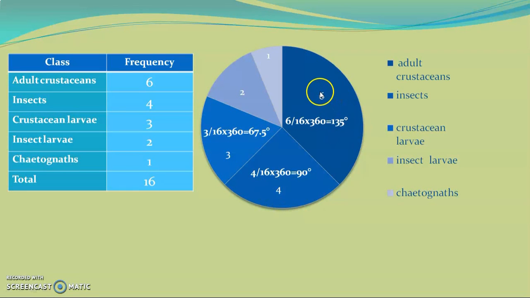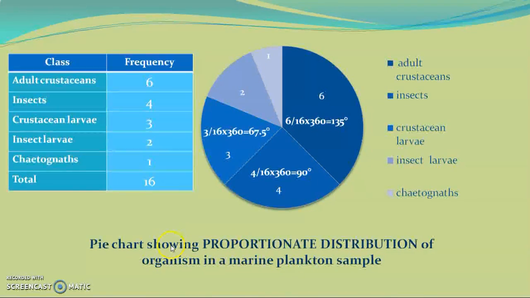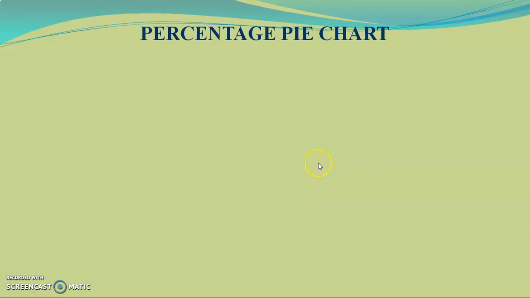This is optional, we can give or we can omit, but the total frequency can be compared using the area or the arc length of each sector. So the pie chart shows proportionate distribution. That means we can understand the proportionate distribution, or we can compare the abundance at a glance using the pie chart.